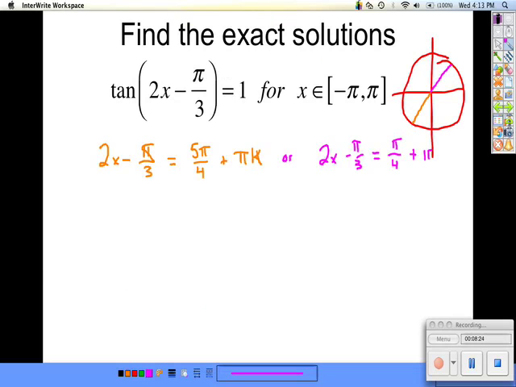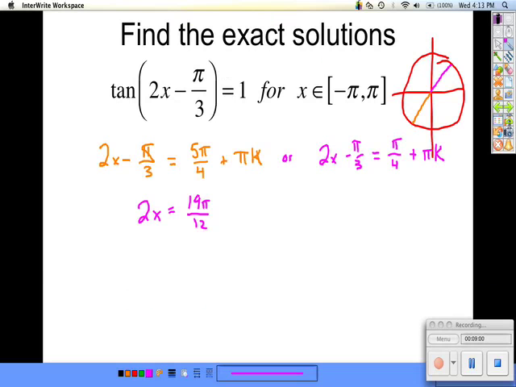And now I just need to solve. I add pi over 3 to both sides. This would be 19 pi over 12. I needed a common denominator. I think that's what it is. Let me double check. Yeah.